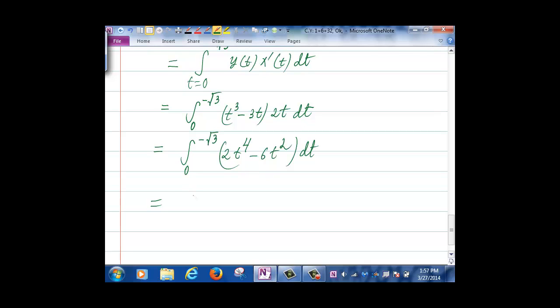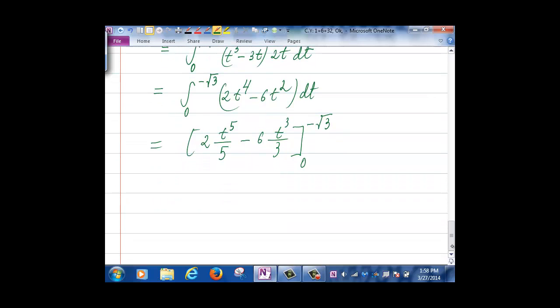And then the antiderivative will be 2 times t to the 5 divided by 5, and then minus 6 times t cubed over 3, from 0 to negative root 3.